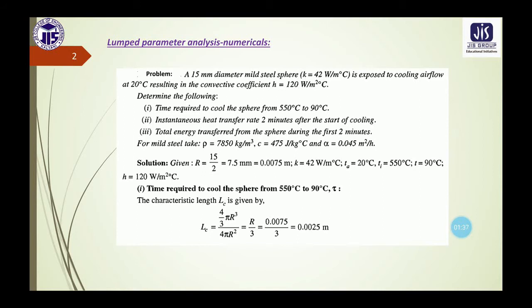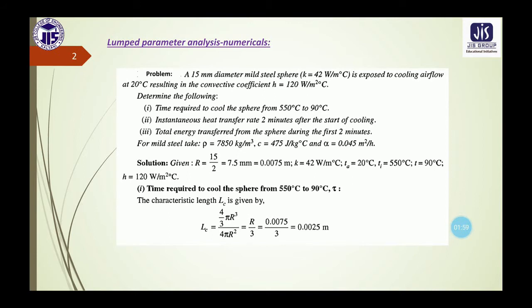That means we need to calculate the value of tau. Next, number 2, the instantaneous heat transfer rate 2 minutes after the start of cooling. And number 3, the total energy transferred from the sphere during the first 2 minutes. So these are the three things that we need to determine in this numerical. What are the things given here?